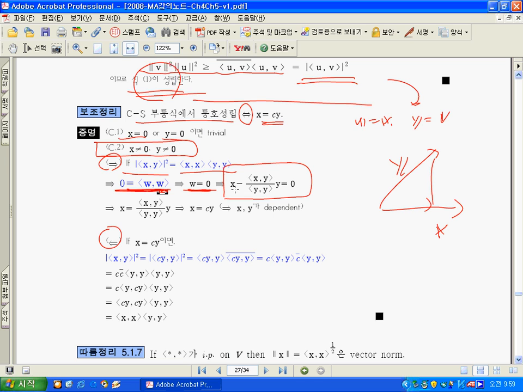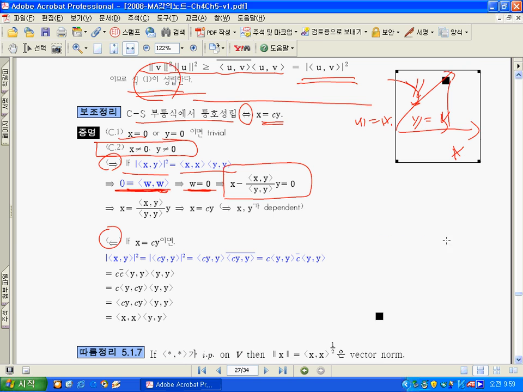W is X minus P. P is T times Y. Here I think it's a Y here and X here. It doesn't matter. We can do the same thing on X and Y. Okay, anyway, so this is 0, so X can be written in this way, and that means X is a constant multiple of Y. Okay? It's done.